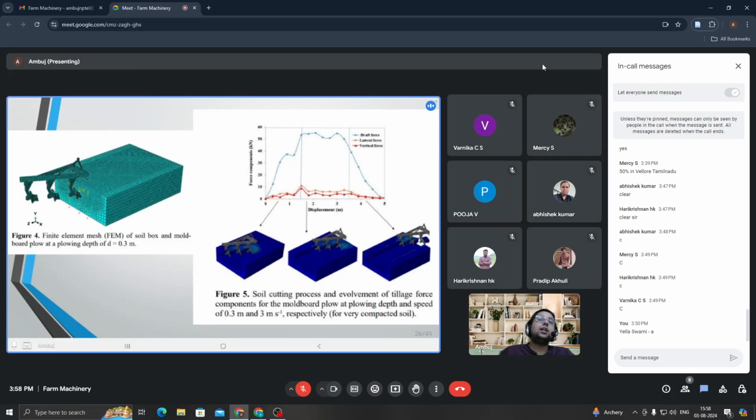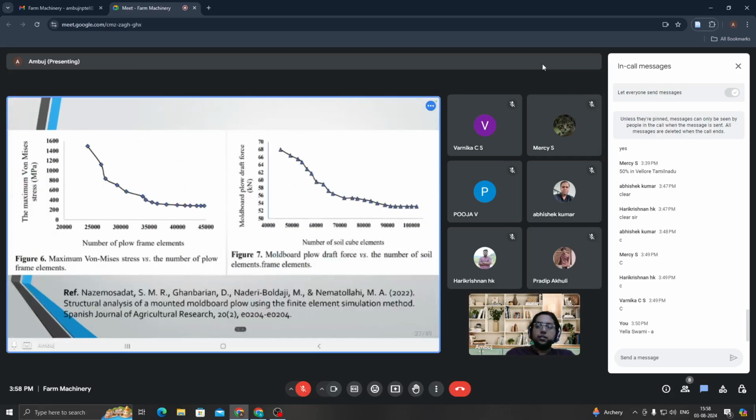So, the soil cutting process and involvement of tillage force components for the moldboard plow. Here I have obtained the draft force, the lateral force, the vertical force, and plotted the variation with the surface. Similar to that, I'll get the von Mises stress. And the draft force also I'll be able to plot with the number of plow frame elements as well as with the soil cube elements.